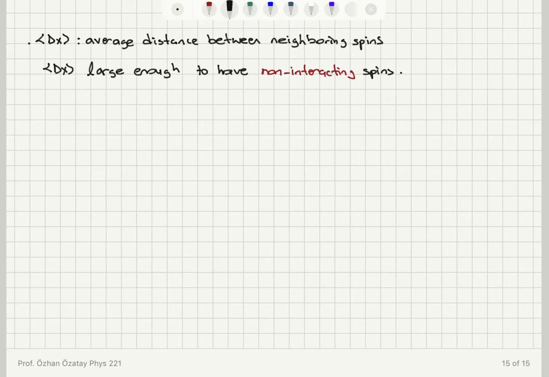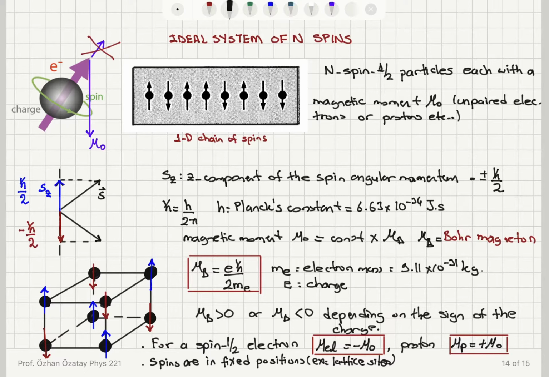spins. So normally, since we have a magnetic moment that's due to these spins, the magnetic moments correspond to a magnetic field that is being created by the circulating charge, and this magnetic field will affect the spins of the neighboring atoms. So normally we should consider this, but since the effect of the magnetic field decreases rapidly with distance going from one spin to the other, if they are far enough, then this interaction between them can be neglected.